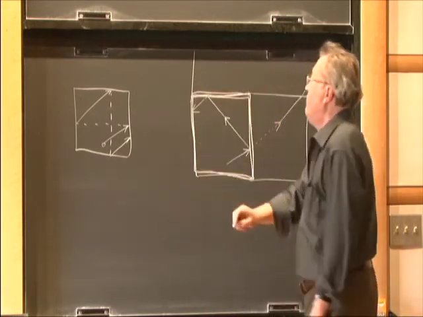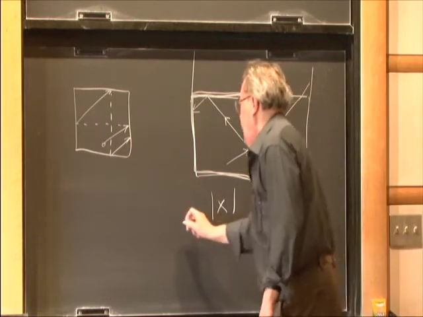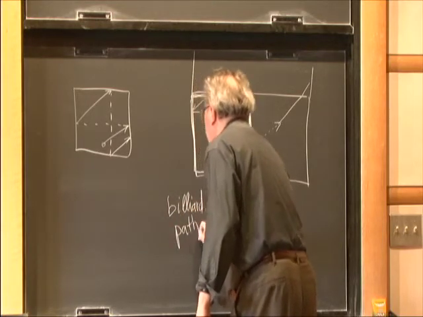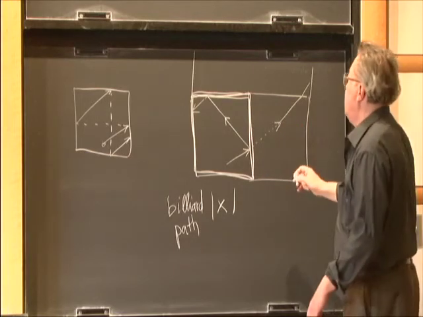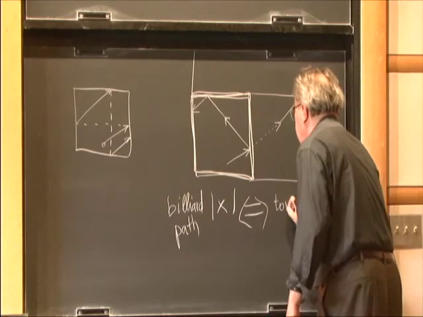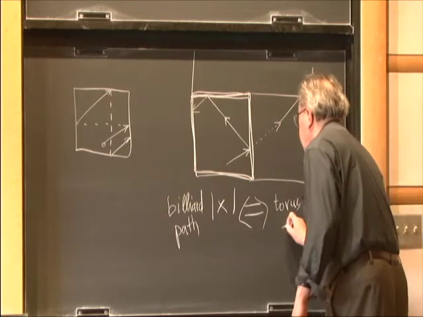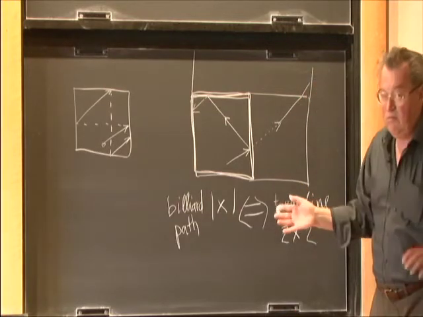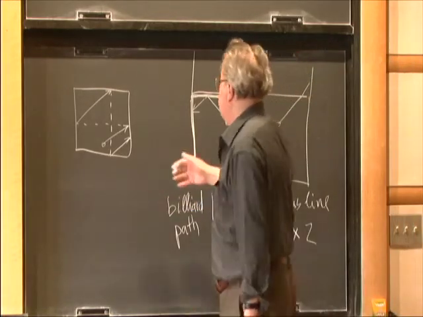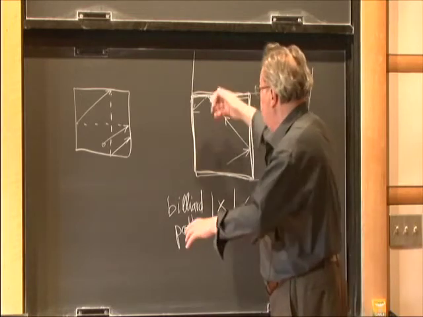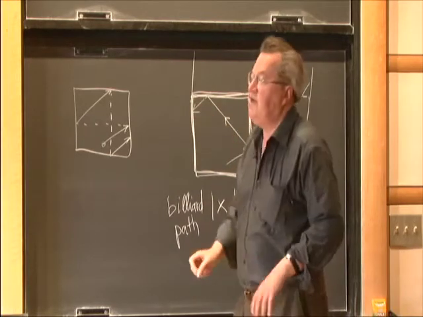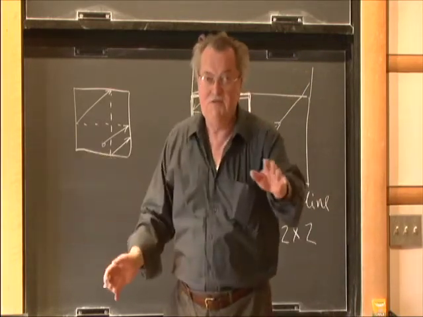If you have this 1 by 1 square and the billiard path, by using this reflection on the sides, it is equivalent to a torus line in the 2 by 2 square. This is a famous trick. It's called unfolding. You can convert a zigzag billiard trajectory into a line. Do you know this trick?